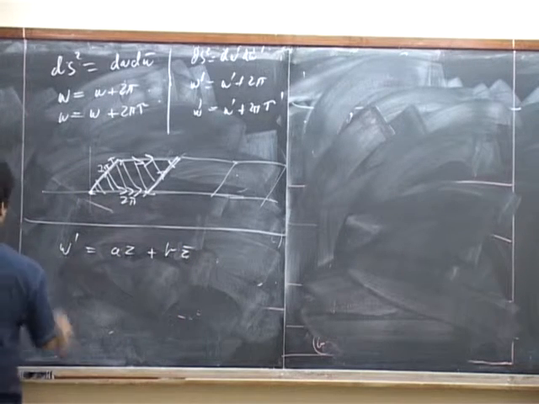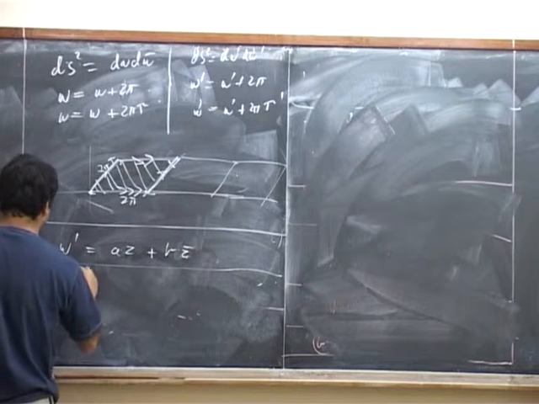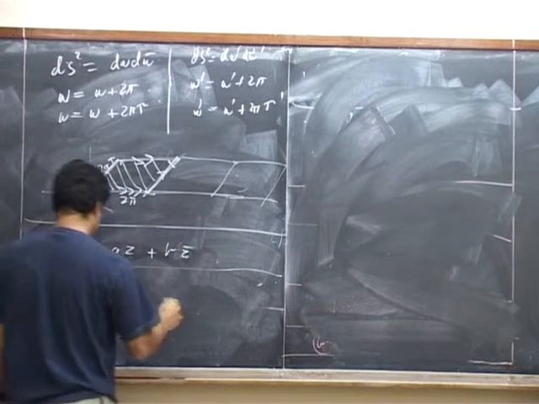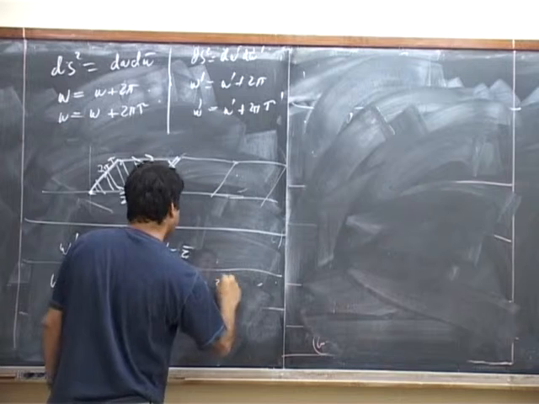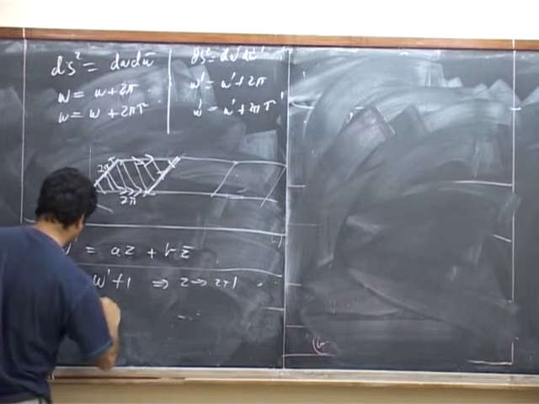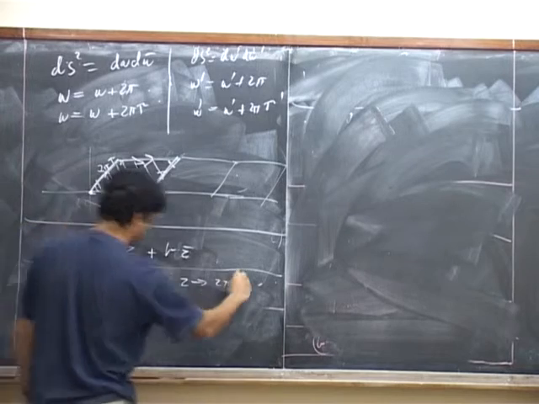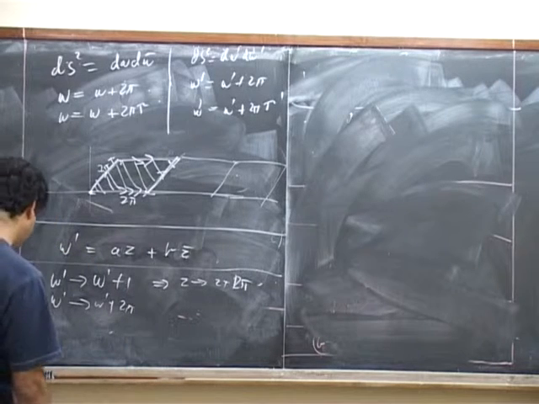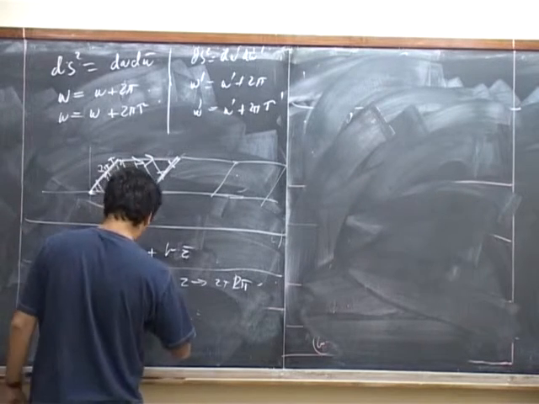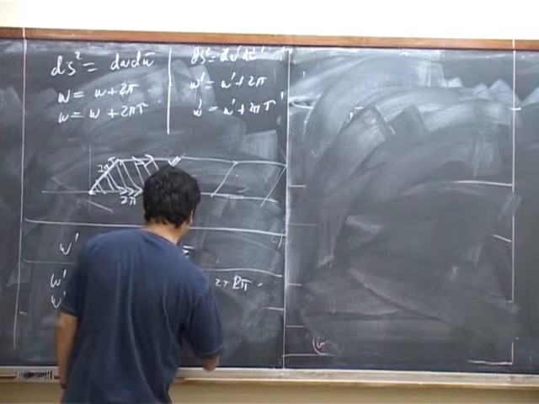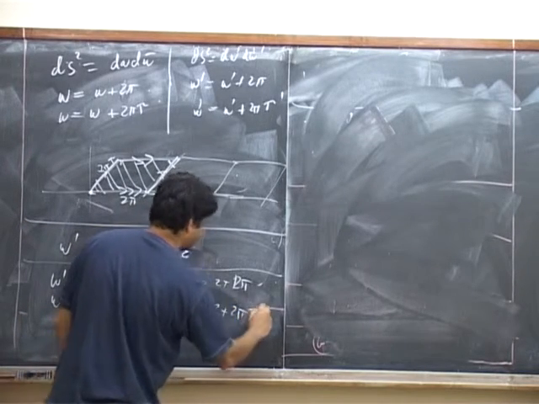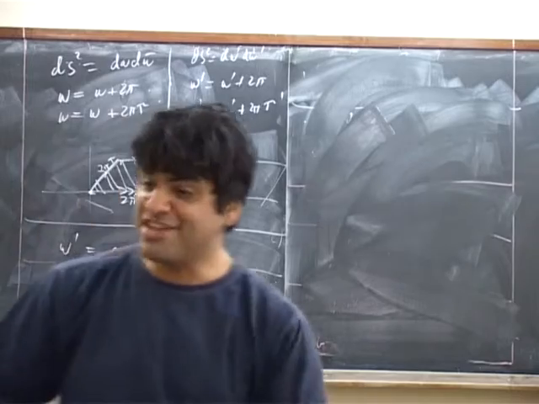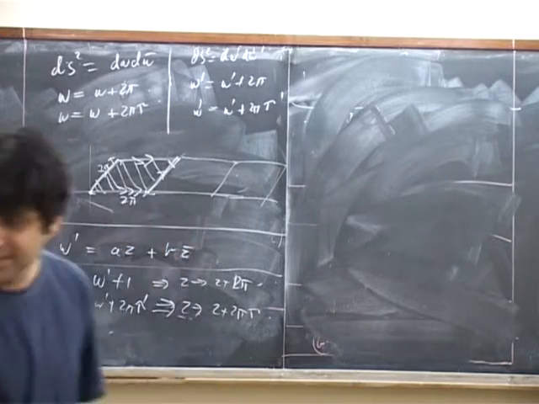I'm going to demand that when z goes to z plus 2 pi, w prime goes to w prime plus 2 pi. And z goes to z plus 2 pi tau implies w prime goes to w prime plus 2 pi tau prime. So we're going to try to change the identification moduli of this torus by a coordinate change.